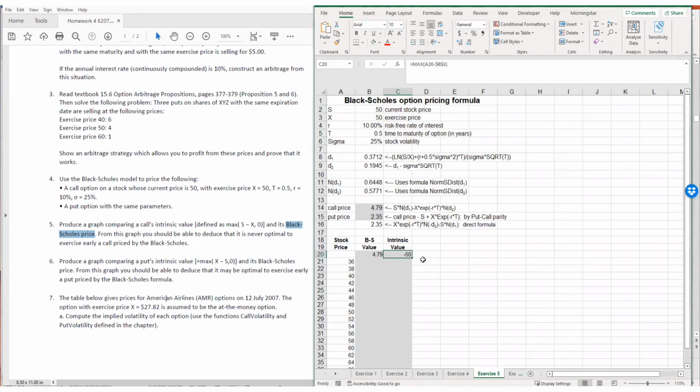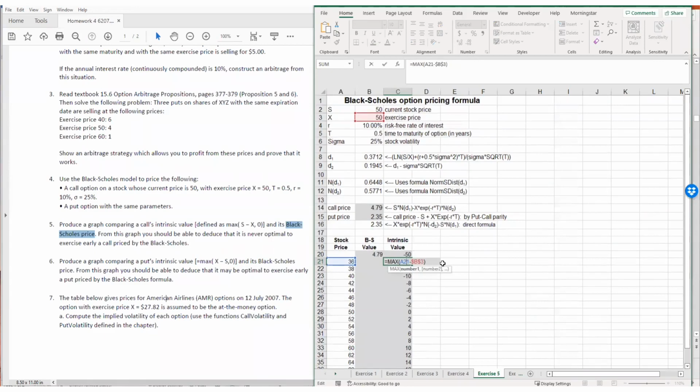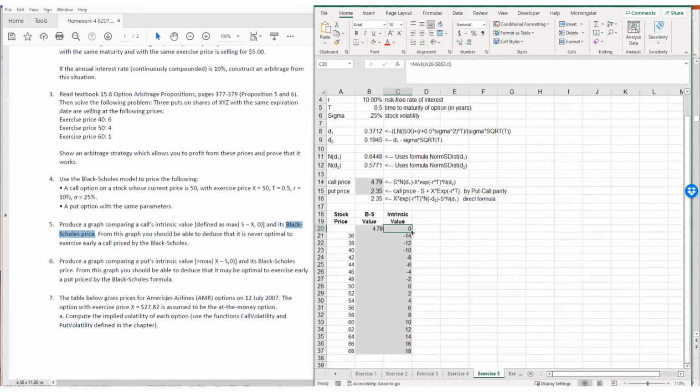Since it's call, it should be this one, drag it all the way down. And I think I missed this 0. It's not profitable, so people wouldn't exercise it. So you wouldn't get a negative number.